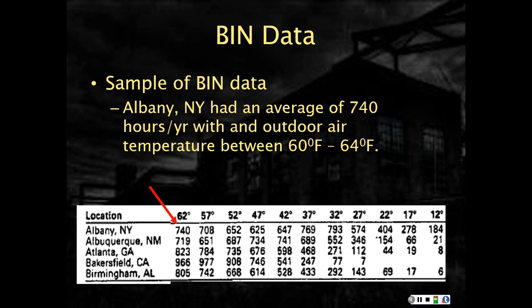So that first column, Albany, New York, typically has 740 hours that it spends in the 62-degree bin, which happens to be 60 degrees to 64 degrees. If you look to the next column, they spend 708 hours in the 57-degree bin, 652 in the 52-degree bin, and so forth.